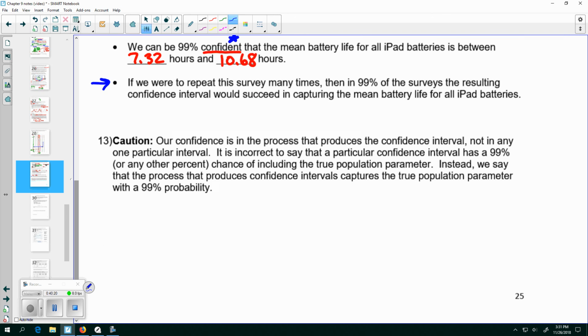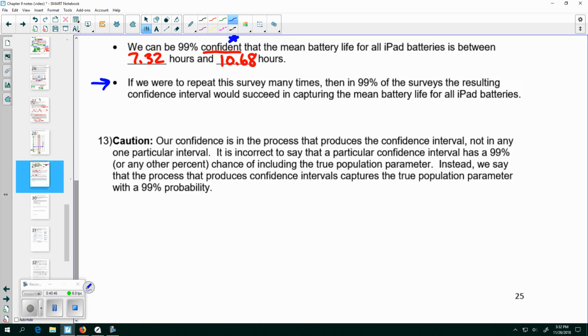All right, last up: our confidence, remember, is in the process that produces the confidence interval, not in any one particular interval. It's incorrect to say that a particular confidence interval has a 99% or any other percent chance of including the true population parameter. Instead, we say that the process that produces confidence intervals captures the true population parameter with a 99% probability.